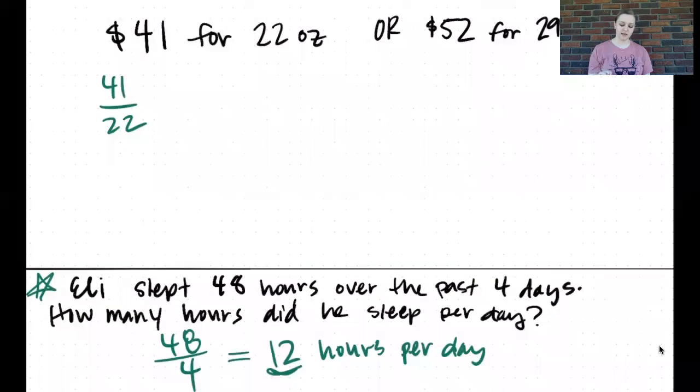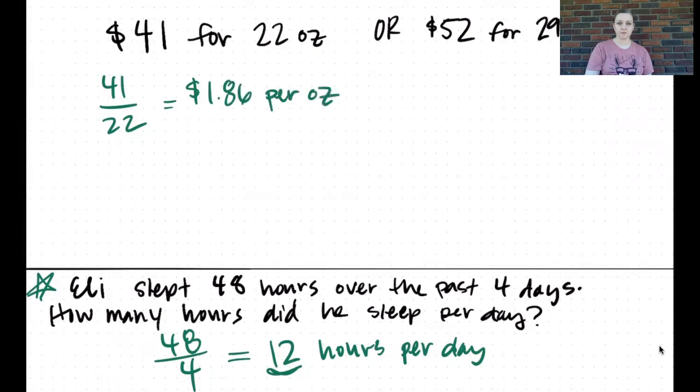I did use a calculator for this because I can't really do that in my head. You can also do long division, either one is fine. When I divide those, this is going to be about $1.86 per ounce. So that's for the first one.